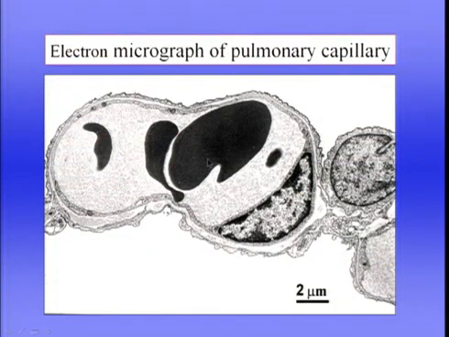And if we go to an electron micrograph, of course, we can see the barrier very clearly here. This is the thin side of the blood-gas barrier. And we can see that its thickness is only about 0.3 of a micron, fantastically thin. So we've certainly satisfied the requirement that the barrier be extremely thin.